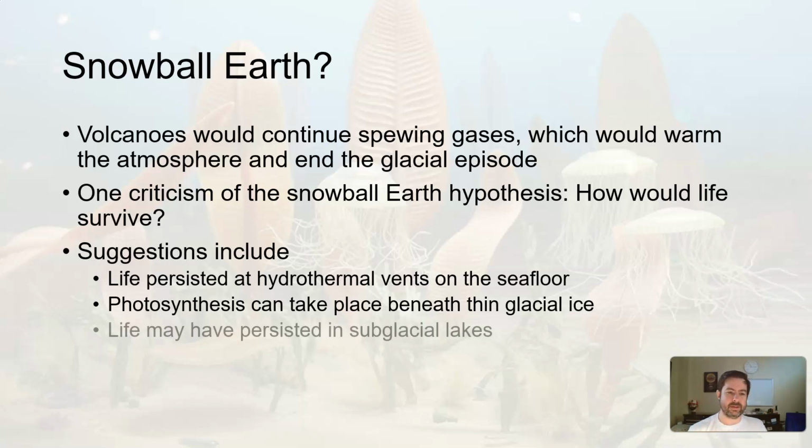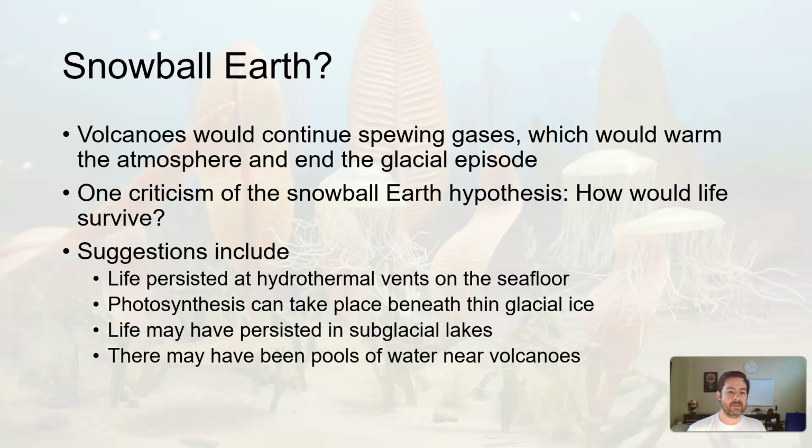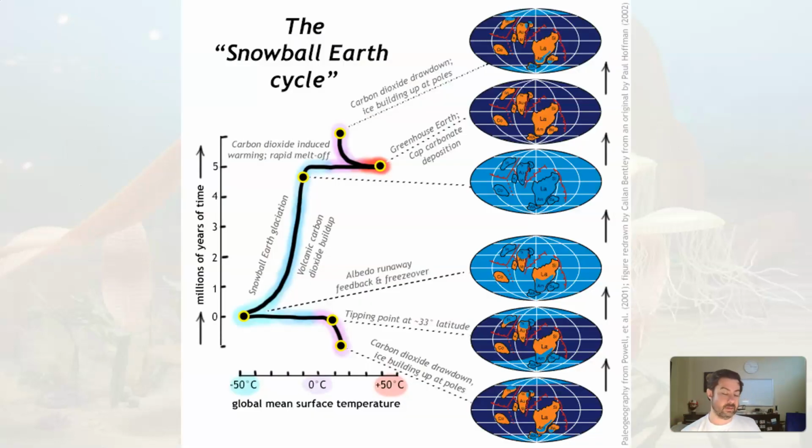Maybe they could still survive. Maybe there's little lakes under glaciers where some cold resistant bacteria survived and persisted. Or, there's still volcanoes. Those are still warm. Maybe there's pools of water near volcanoes that were warmed up and life persisted in there. So again, still a hypothesis.